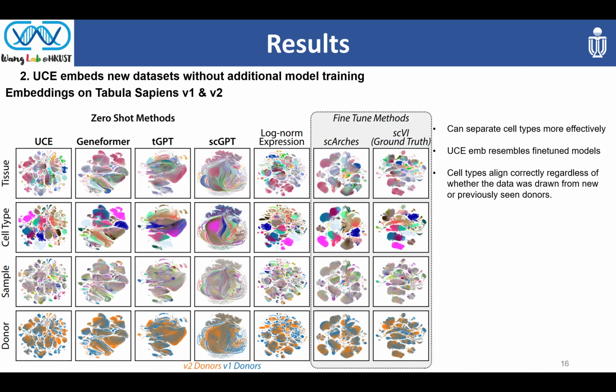UCE can separate those cell types. I think compared to those foundation models, it gets a better result. Because those three, I think especially these two, are mixed together. And this, I think, although it has some isolated clusters, there are still several parts that are mixed together.